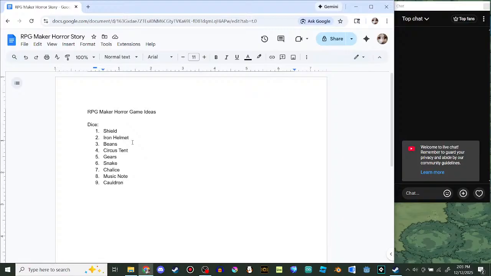All right, now the snake is the only thing we really have that's like a creature. So maybe the snake can be the protagonist, perhaps an anthropomorphic snake or just a regular snake.